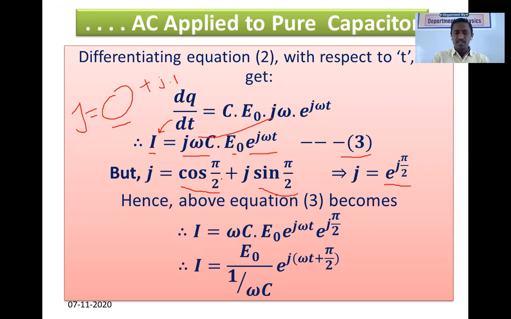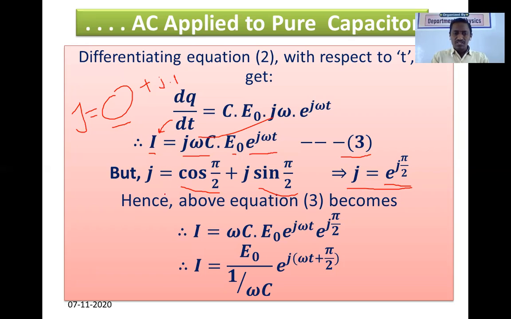Here in place of theta, pi by 2 is there. The value of j remains unchanged; we have just converted that 0 into cos pi by 2 and 1 into sin pi by 2, for the sake of simplicity.